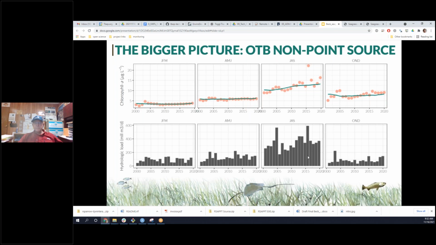So basically times when it's rainy, we see large influxes of nutrients to Old Tampa Bay, and those tend to correspond to these anomalous or high seasonal values in chlorophyll A.